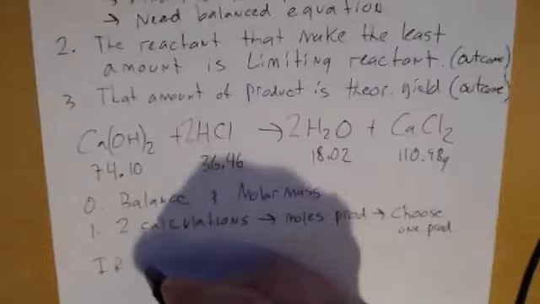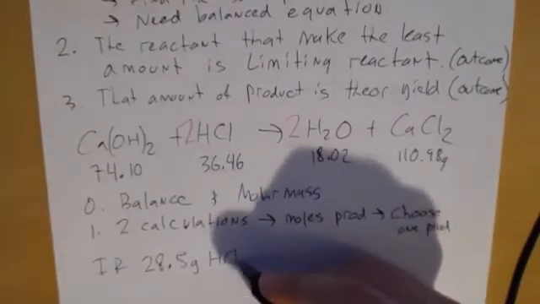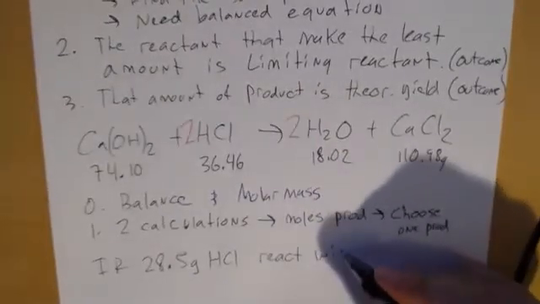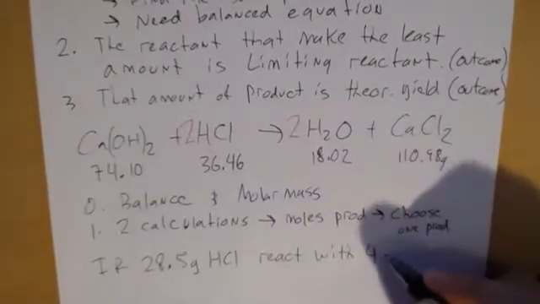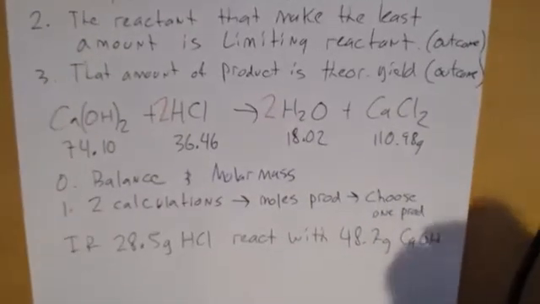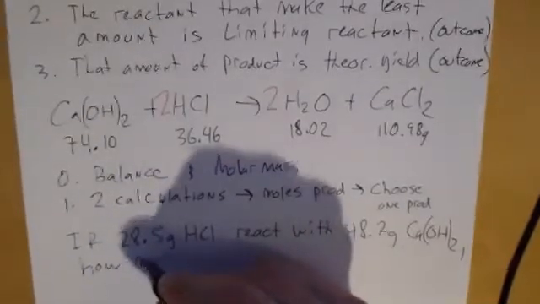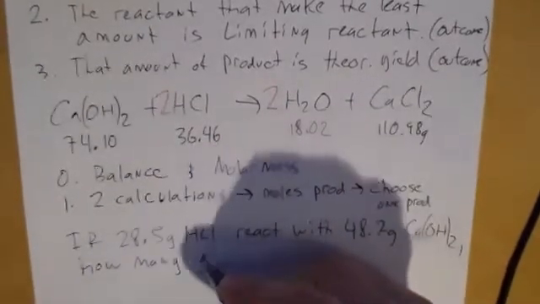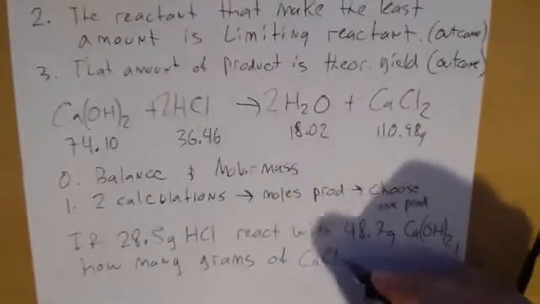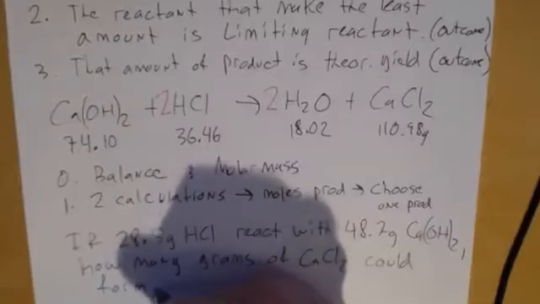If 28.5 grams of HCl react with 48.7 grams of calcium hydroxide, how many grams of calcium chloride could form?